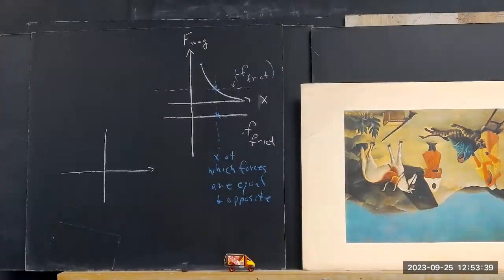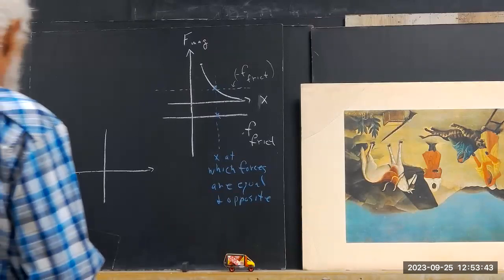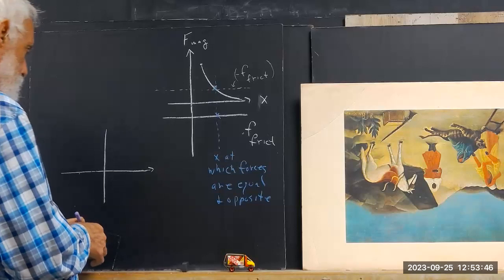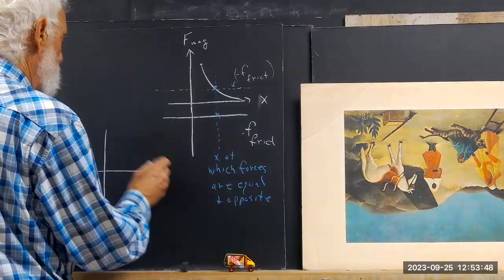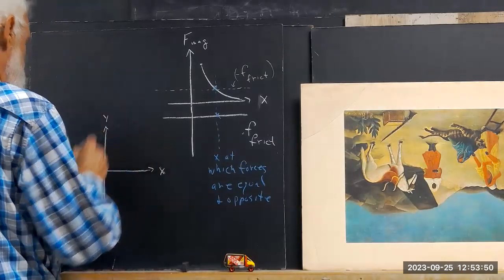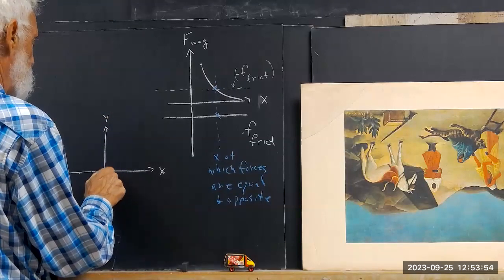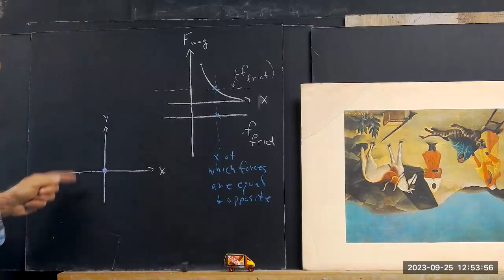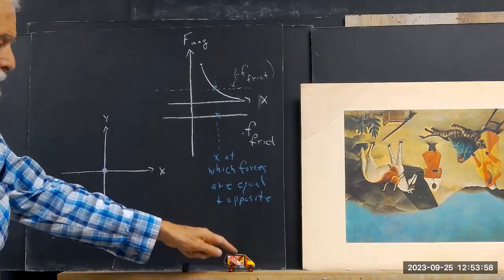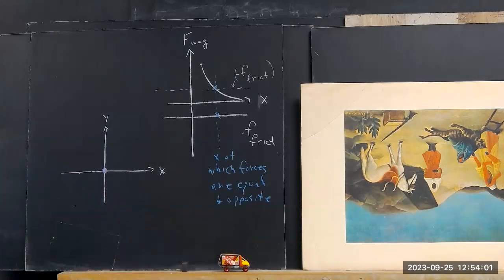Needs to be purple. It demands to be purple. Okay. Here's my X direction, with my Y direction. Here's a dot at the origin that represents this delivery band.